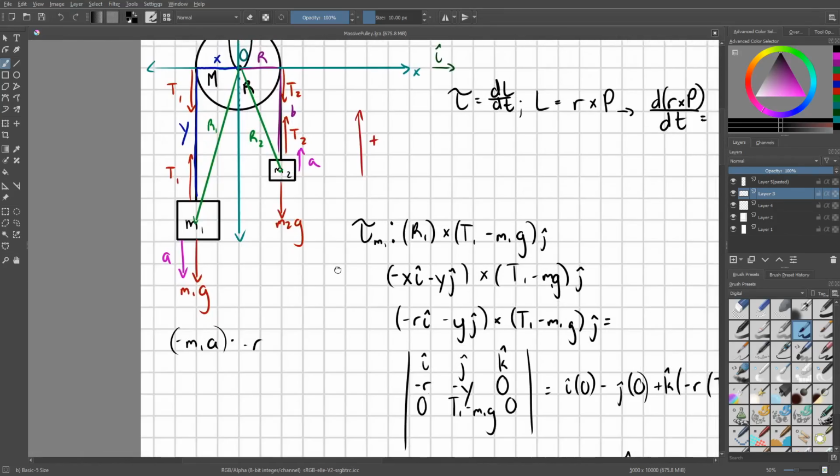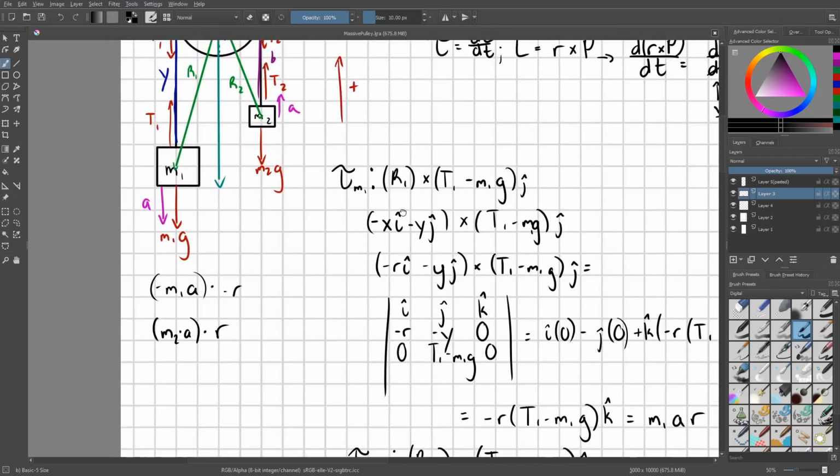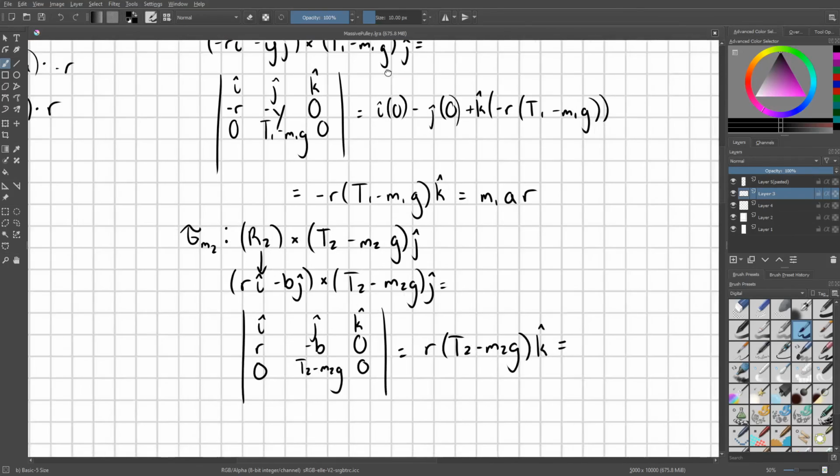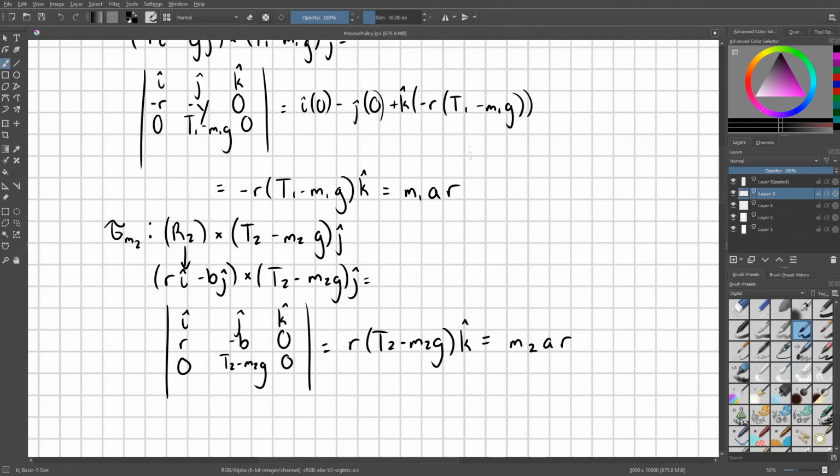For M2, let's do the same process. Now, I called this acceleration positive, so we have M2 times A, times, and now we have a positive R. So this is going to be M2AR, right? And naturally these both act in the k-hat direction as well.